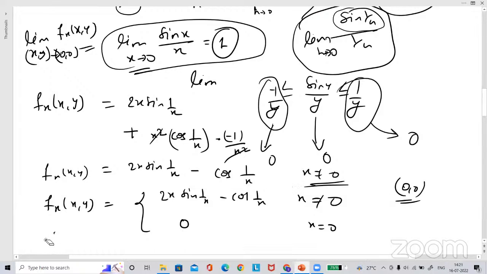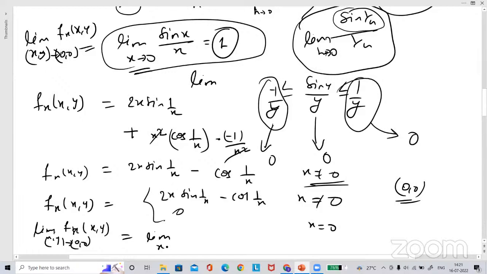So how will you get the limit as xy goes to 0 0 of f of x y? This is exactly equal to this limit, just finding the limit as x tends to 0 of this function 2x sine 1 by x minus cos 1 by x, because there is no y.